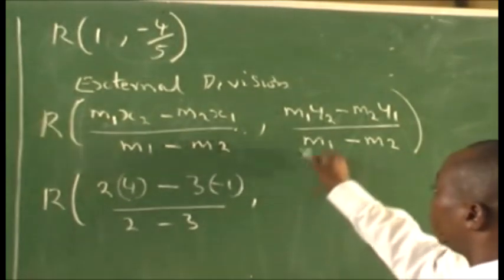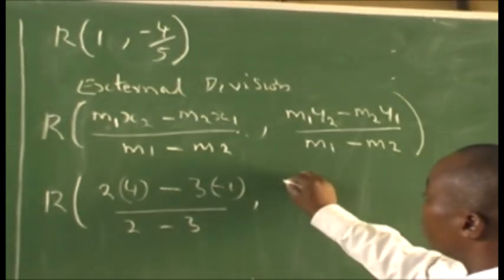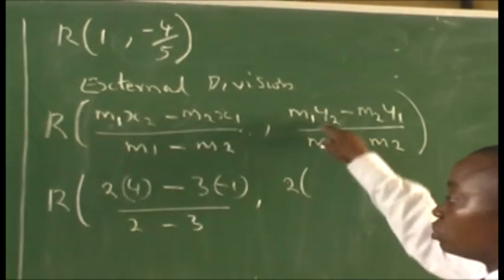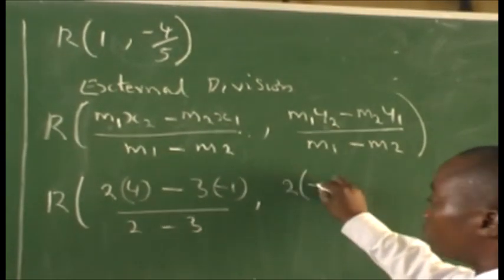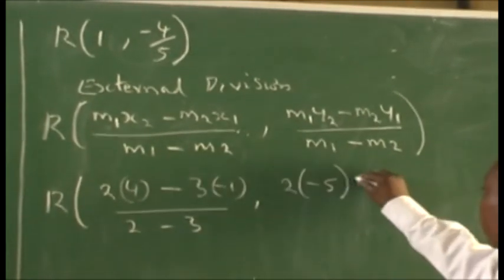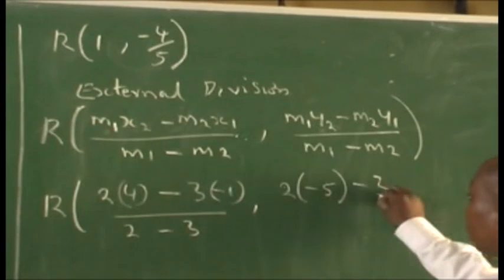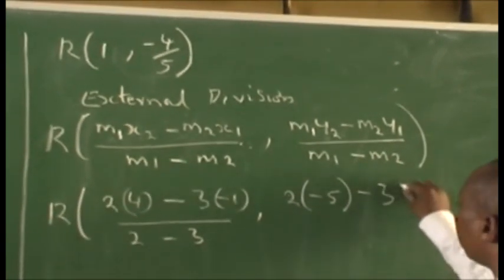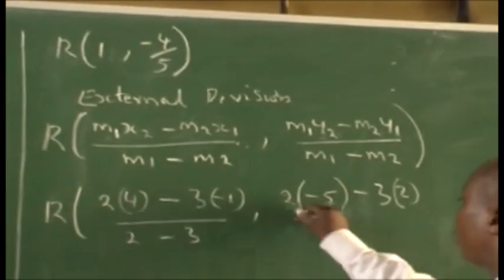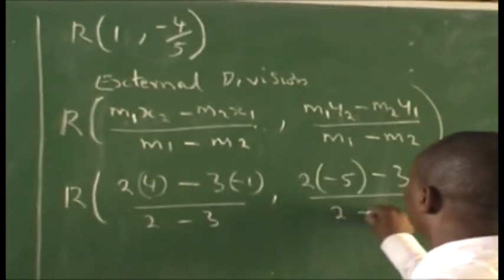We also have this way M1 is 2, then we have Y2 is minus 5, minus M2 is 3, then Y1 is 2. So all over 2 minus 3.